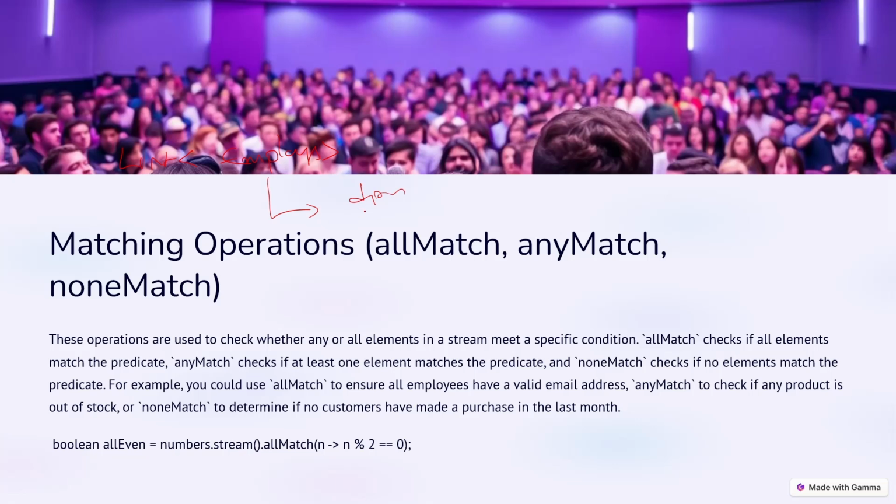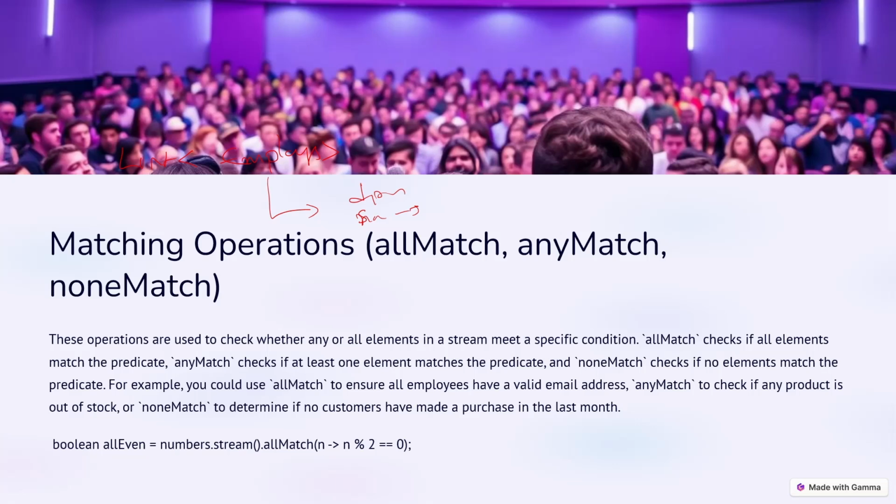Is that specifically named employee in that employee list or not? For such things, you need to find just whether it is present or not. If it is there, just give me the true value. If it is not there, just give me the false value. That kind of condition you put by using anyMatch, allMatch, noneMatch. Let's see an example.